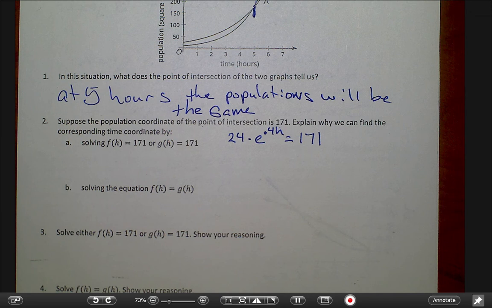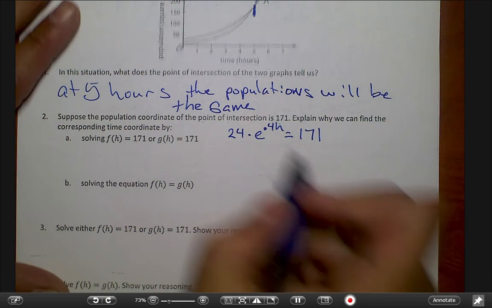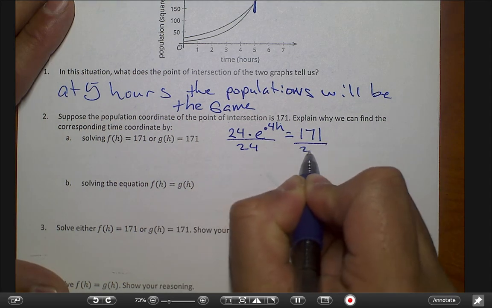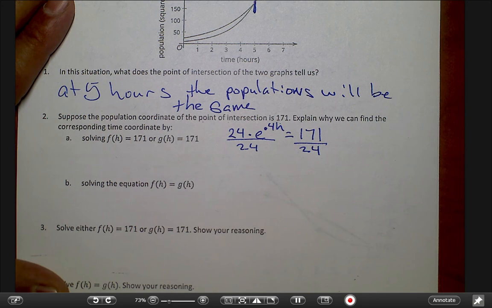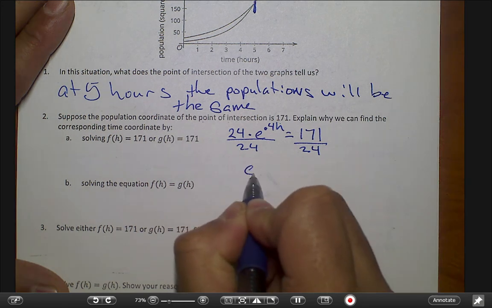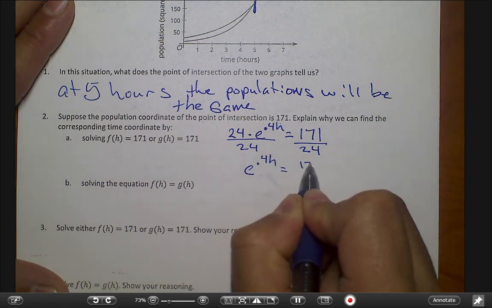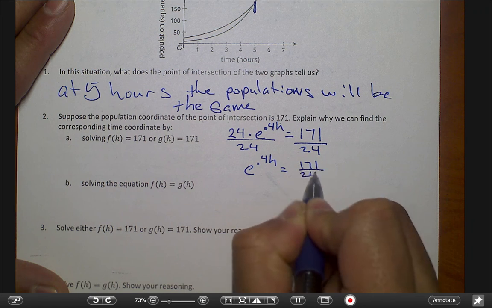So let's go ahead and let's try and solve for this. So to solve for my h, to get an exact value for h, divide by 24. It's not going to come out evenly. So I'm just going to leave it as a fraction. So I'm going to get e to the 0.4h is equal to 171 over 24.